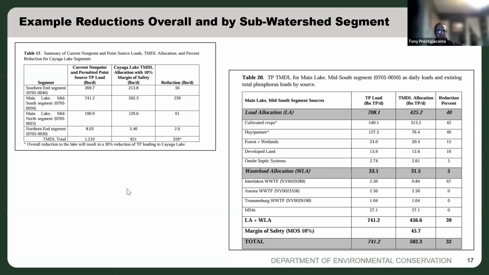And that's done at a summary level, and it's done for each of the 4 watersheds that drain to their respective segments. It's a little confusing, but that's the way when you do these restoration and protective TMDLs, you have to summarize by sub-watershed, not just one big lump for all of the watershed's inputs.